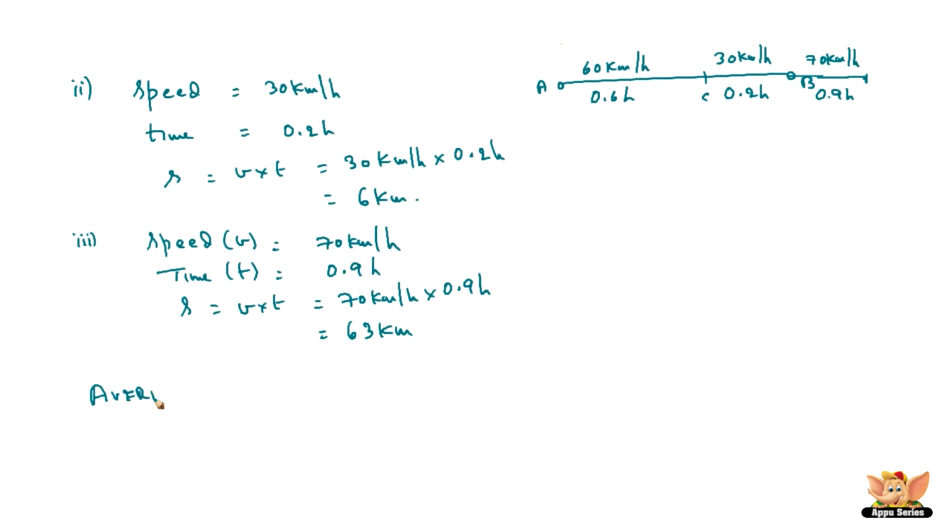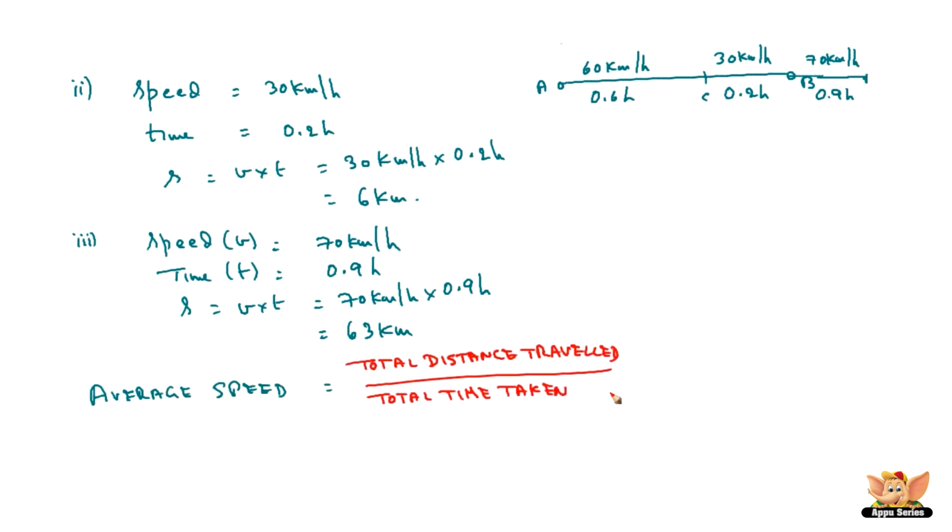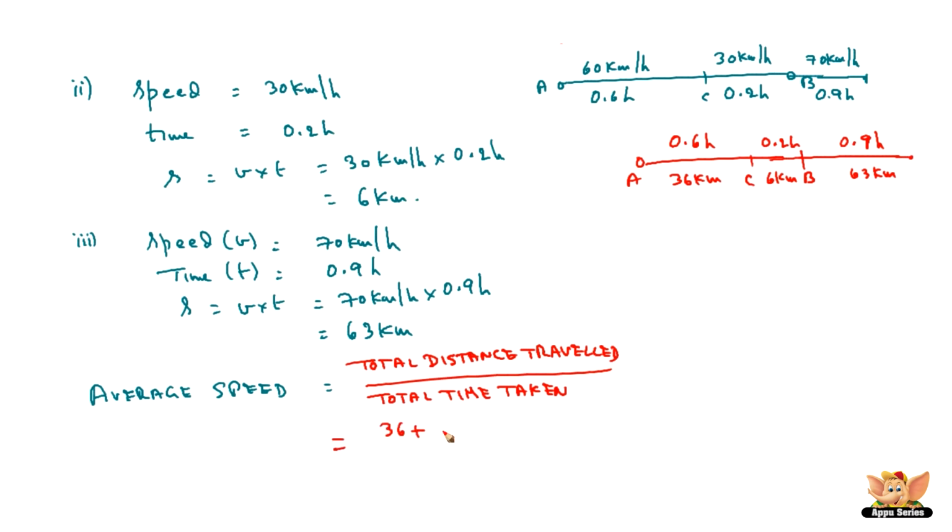Now the average speed is computed as total distance traveled by total time taken. In this example, the total distance traveled, if you take it from here, from A to C, it is 36 km and C to B 6 km and then it is 63 km.